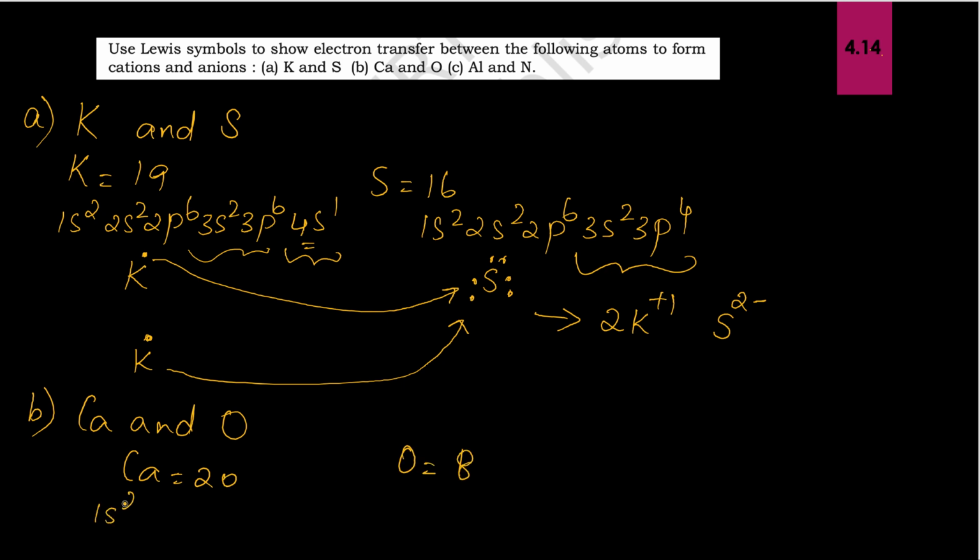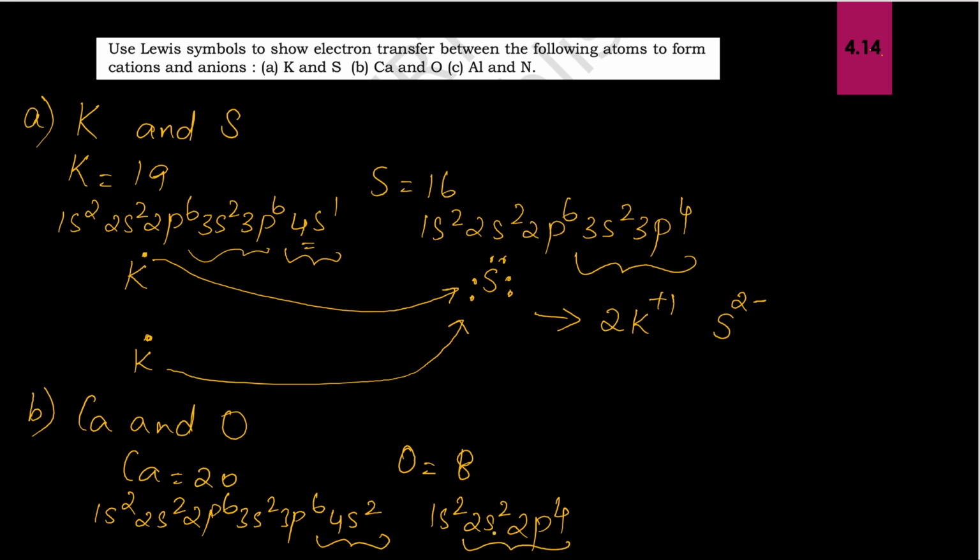When you write the electronic configuration of calcium, 1s2, 2s2, 2p6, 3s2, 3p6 and 4s2. For oxygen, 1s2, 2s2 and 2p4. The valence orbital of calcium is 4s2, and the valence orbitals of oxygen are 2s2, 2p4.